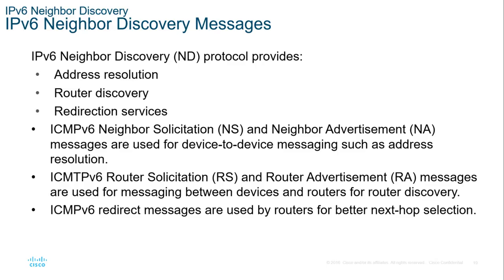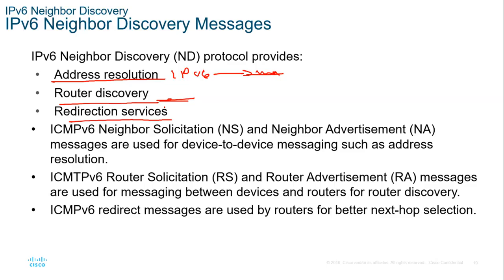So the IPv6 neighbor discovery protocol provides address resolution, where you have the IPv6 address but you don't know the MAC address attached to it. Then router discovery, where it can discover the router, and then redirection of service, which allows it to redirect the service.